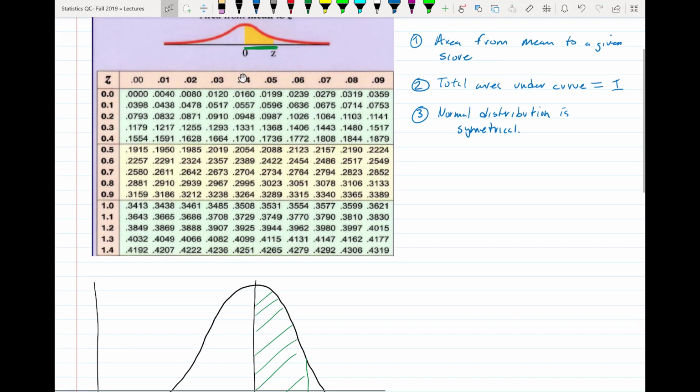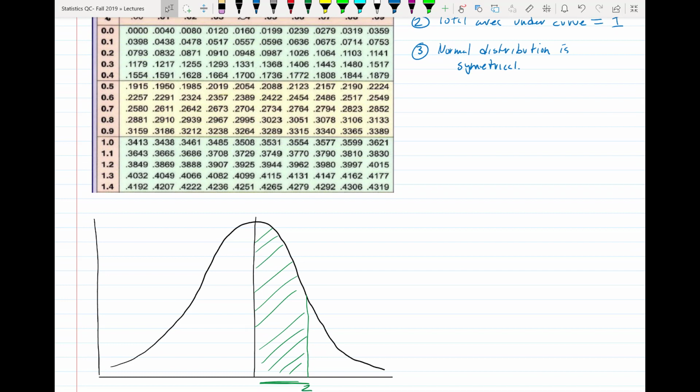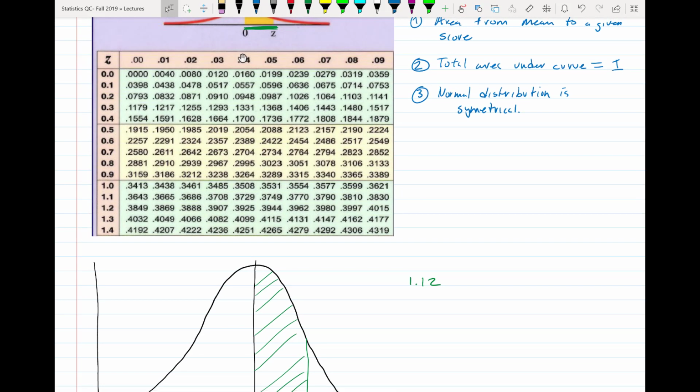All right? So if we have a z-score, let's say of 1.12, how do we use the table? 1.1 is over here. 0.02, we're going to get that from over here. And where that row and column intersect is the probability that we're interested in.